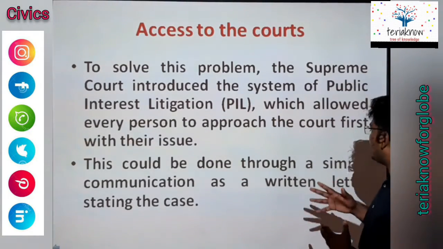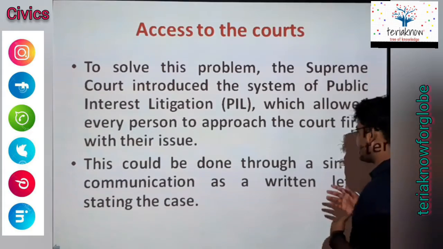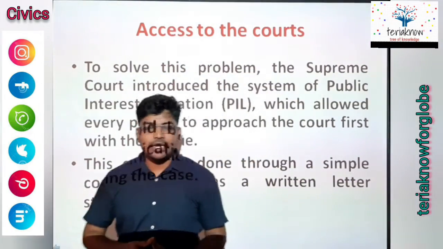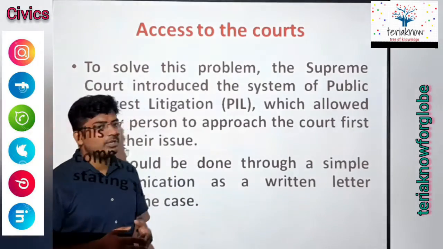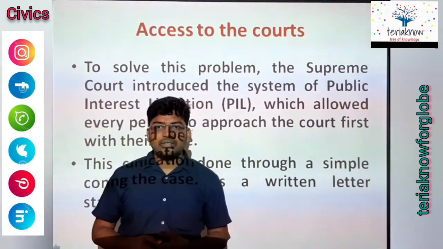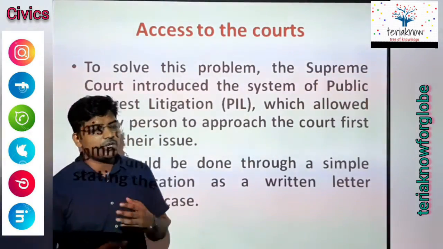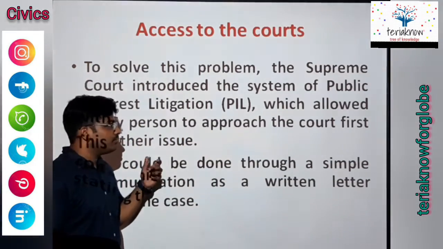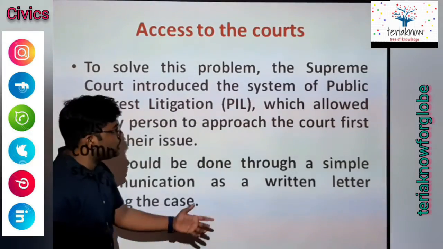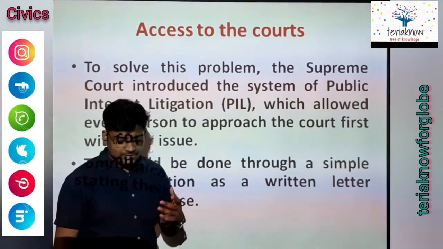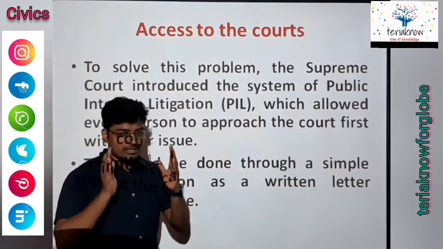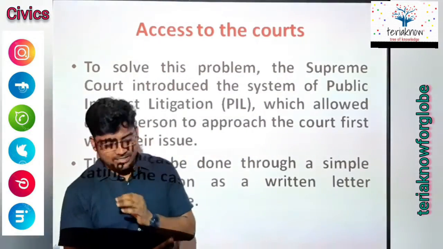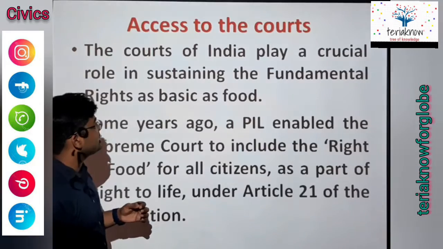This could be done through a simple communication, such as a written letter stating the case. If someone is unable to spend the money to collect the evidence, or is not able to get justice, at that time they can introduce a PIL, that is public interest litigation, जिसमें आप एक पेपर पे लिख करके समस्या आप डायरेक्ट कोर्ट में दे सकते हो. Understood?